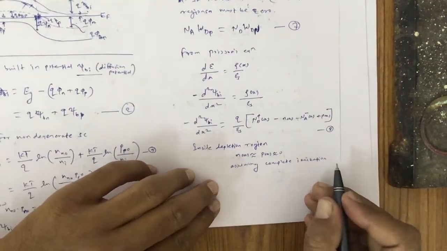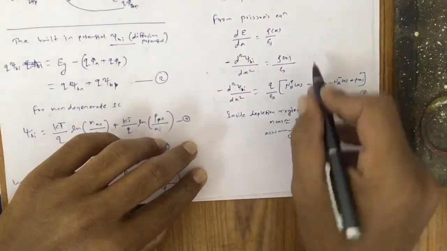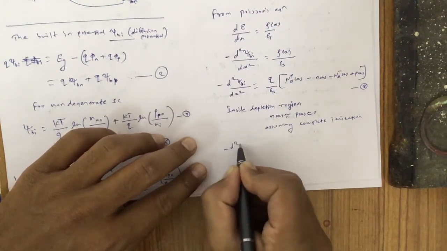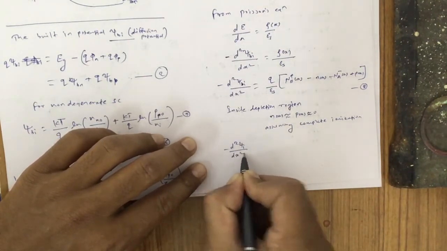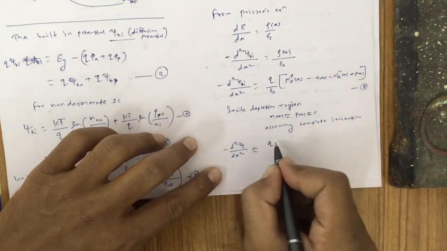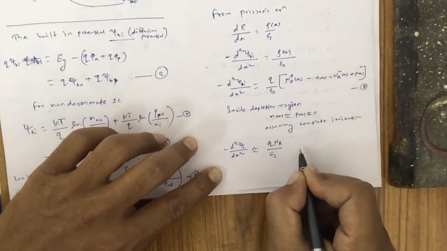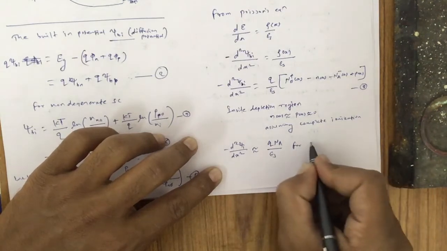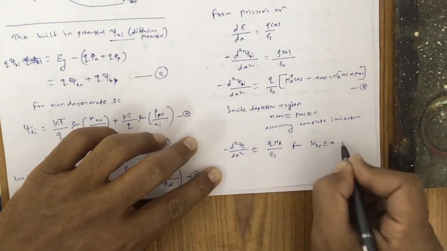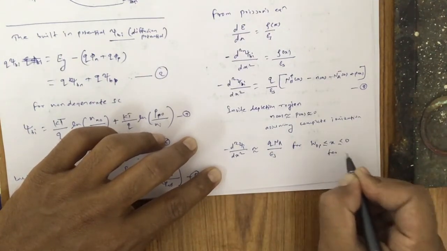Okay, so now substitute these values in the above equation. So minus d2 psi bi by dx square is approximately equal to q times Na upon epsilon s for the p region, that is for x within WdP.